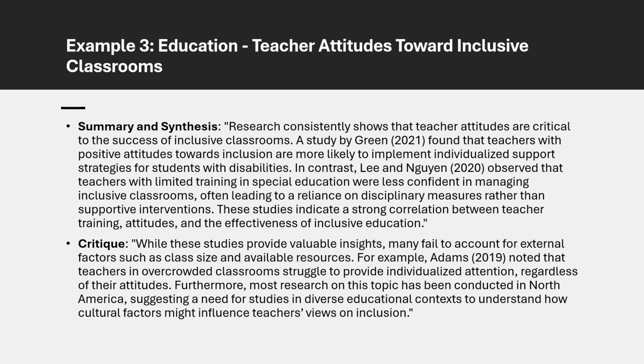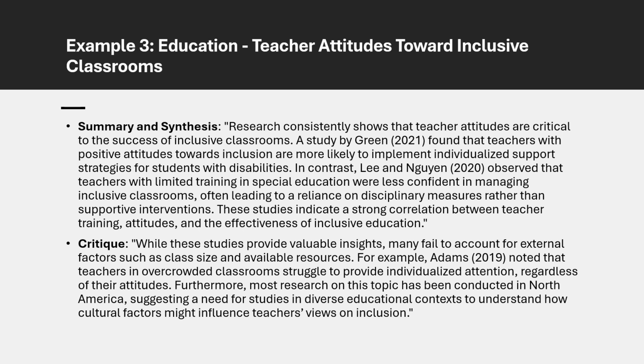And Lee and Nagayan found that teachers lacking special education training felt less prepared, often resorting to disciplinary methods rather than supportive interventions. So the author combines these findings to show that teacher attitudes shaped by training directly influence inclusive classroom success. And this synthesis illustrates how attitude and training intersect to affect outcomes.